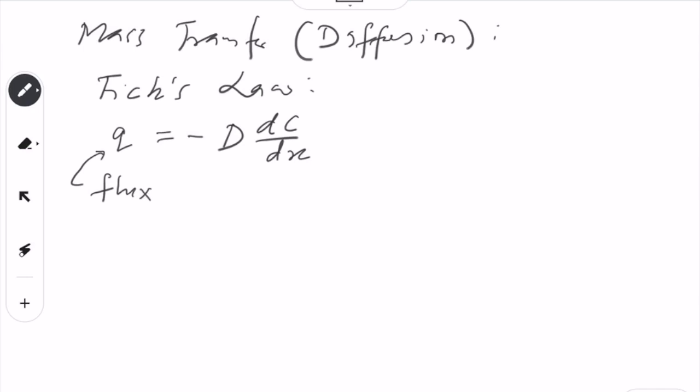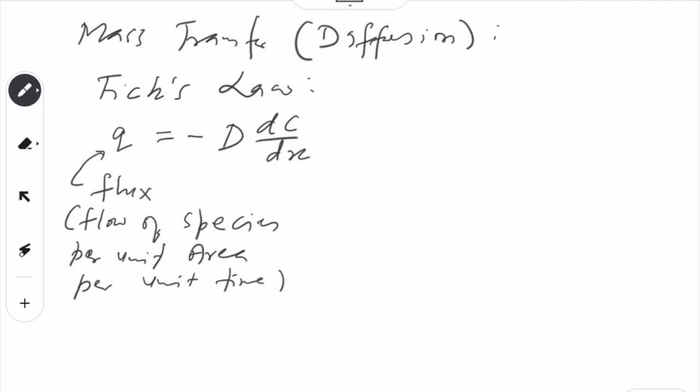Typically some ions or species flow, the flow of mass or a species, as number of moles per unit area per unit time.